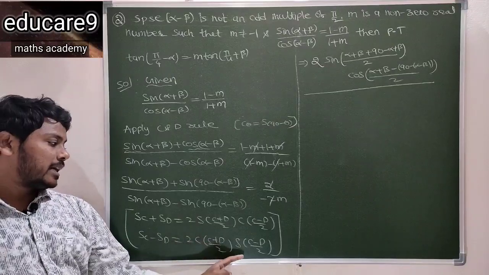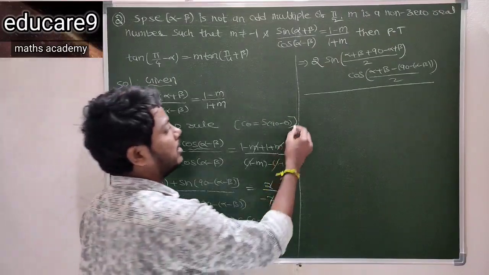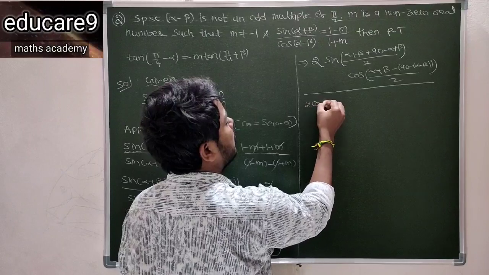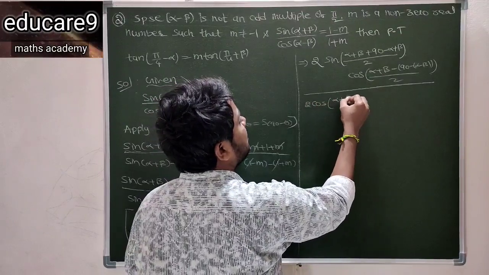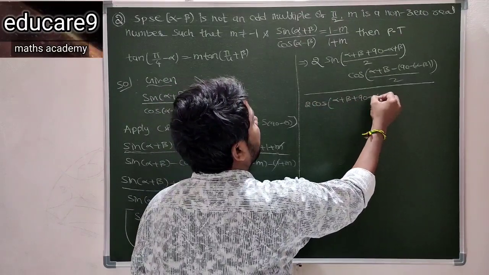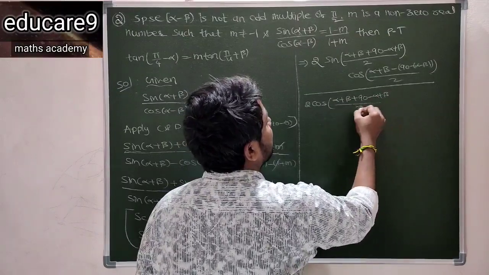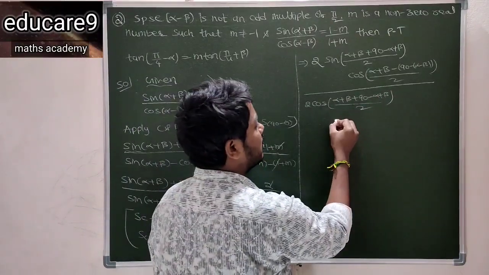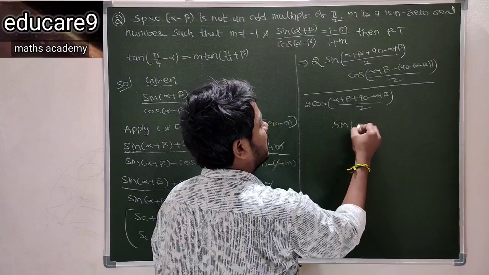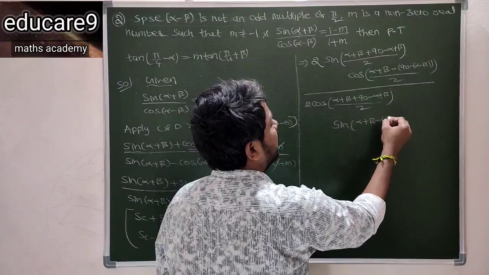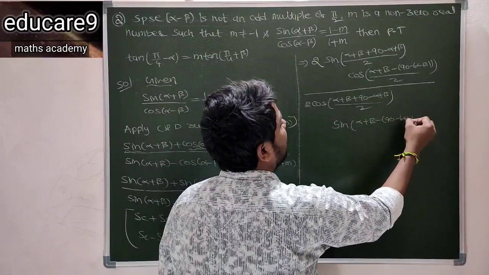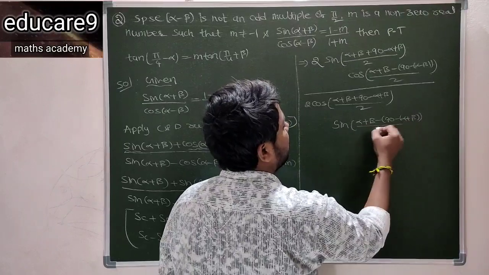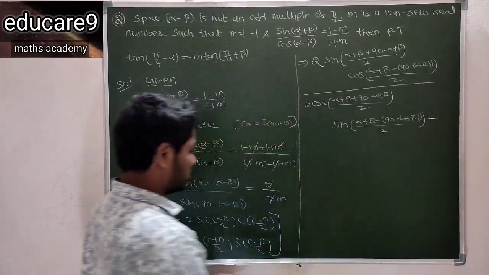First term is cos and second term is sin. See here, 2 cos alpha plus beta plus 90 minus alpha plus beta by 2. Next one, sin alpha plus beta minus 90 minus of alpha plus beta, divided by 2 is equal to what?